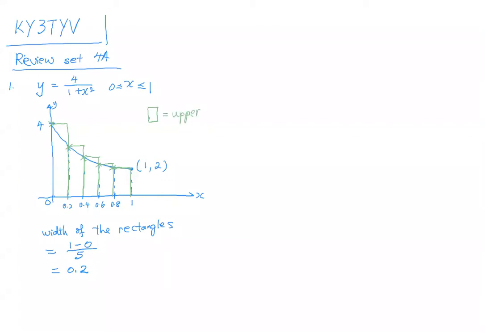So if they want you to draw something together on a graph, what you need to do? You need to use color. So sometimes it's good. So lower rectangles, okay, I'm going to use yellow. Okay, so I mark here.